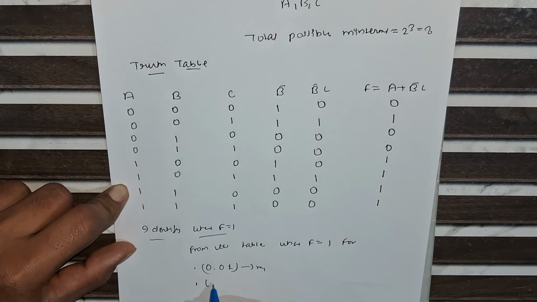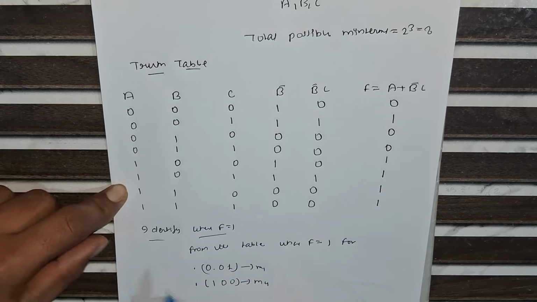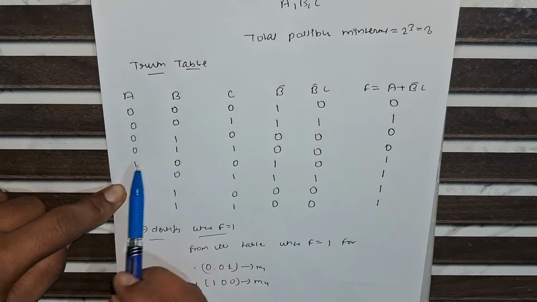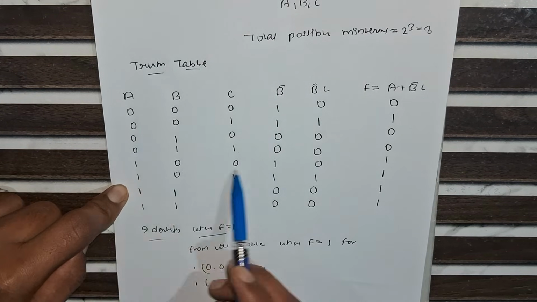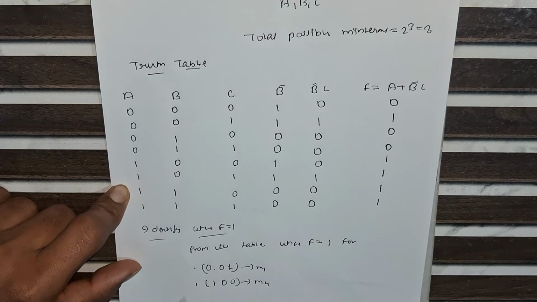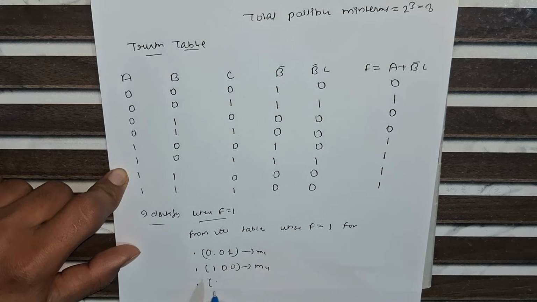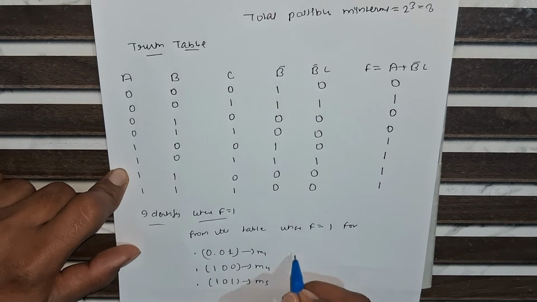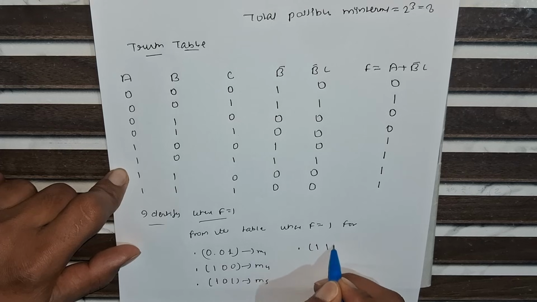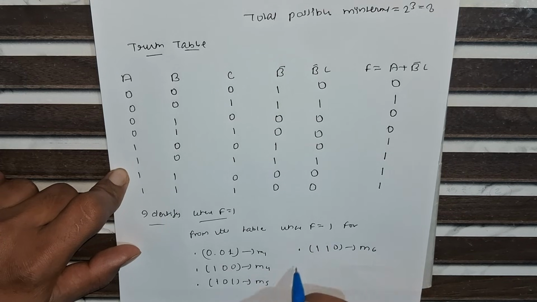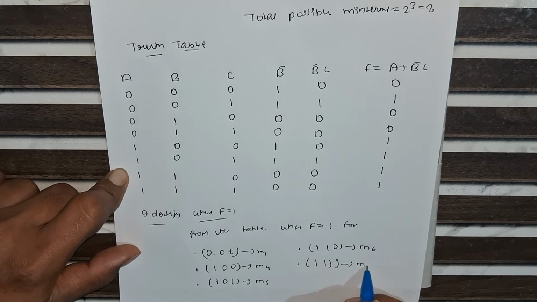Then 1 0 0 is our m4, so at m4 there is a 1. Then 1 0 1 is nothing but m5, and 1 1 0 is our m6, and 1 1 1 is nothing but our m7.